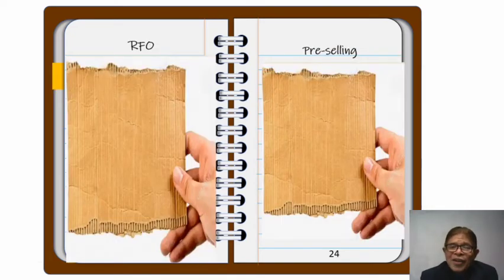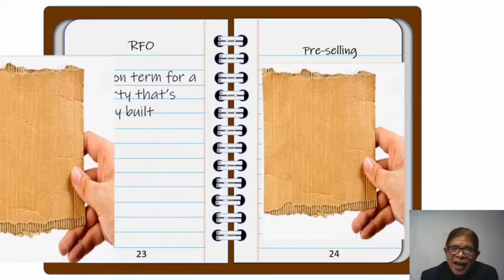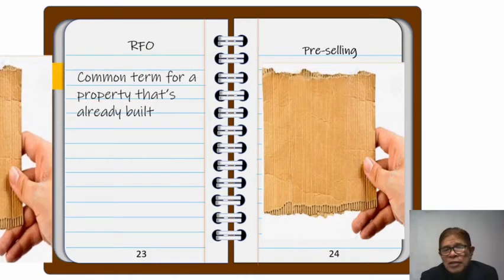What is RFO? RFO is a common term for a property that's already built. It is short for ready for occupancy. This refers usually to the inventories of developers who have built house and lot and condominiums that were not sold during the preselling.